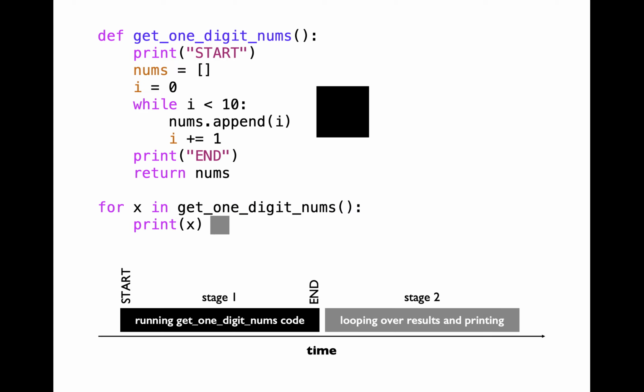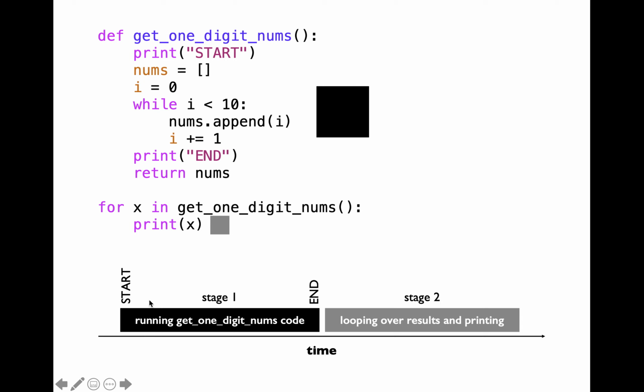If you think about a timeline diagram for this particular example, where you have time as your x-axis and different blocks to denote various snippets of code here, your timeline will kind of look like this, correct? You will have first the execution associated with the get_one_digit_nums function, which I'm using the black block of code to denote.